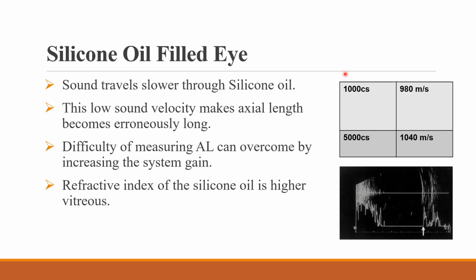Silicone oil filled eye. Sound travels slower through silicone oil. This low sound velocity makes axial length erroneously long. The difficulty of measuring axial length can be overcome by increasing the system gain. The refractive index of silicone oil is higher than vitreous.